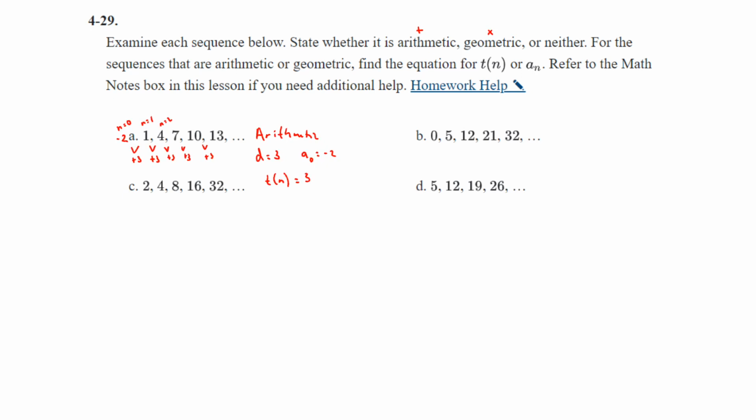To deal with repeated addition, we do 3 times the term n. So 3 times 1 is 3, 3 times 2 is 6, 3 times 3 is 9. That's adding 3 every single time, and then we started at -2. For example, if we plugged in 2, this would be 3 times 2 minus 2, and that's a T, not an F. T of 2 is equal to 4, which is what it shows in the pattern.